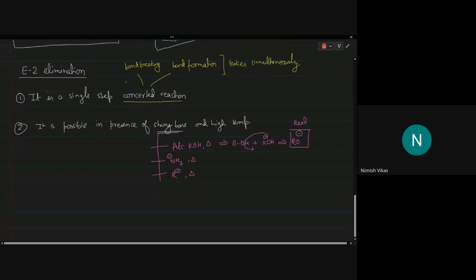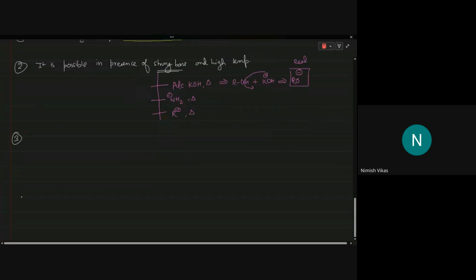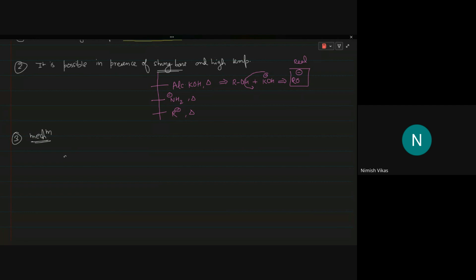Now, what is the mechanism of this? The third thing I'm dealing with is the mechanism of this particular reaction. Suppose I'm writing CH3 CH, and let's mark this hydrogen as H beta.